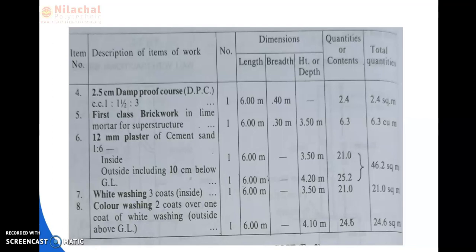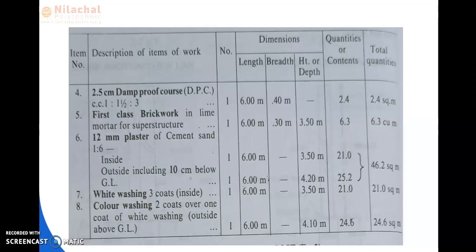First of all, we know the wall consists of 2 sides, one is inner and another one is outer. Here only 1 wall is provided for calculation, so inner side is 1 and outer side is also 1.